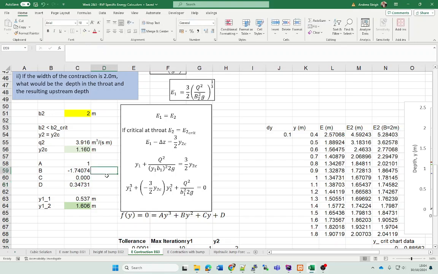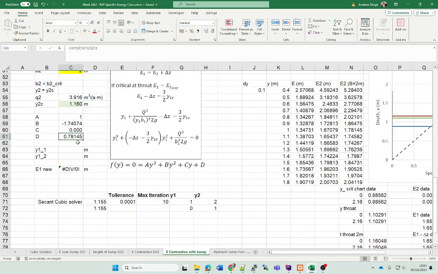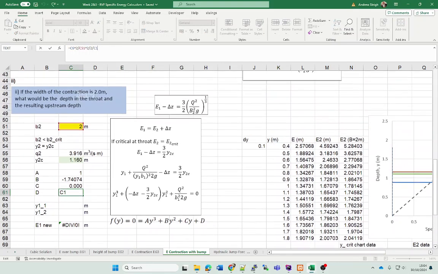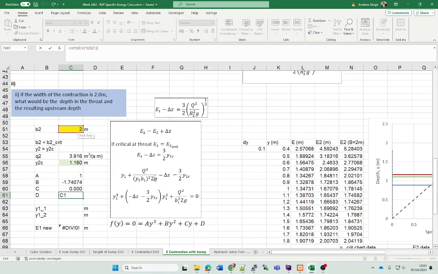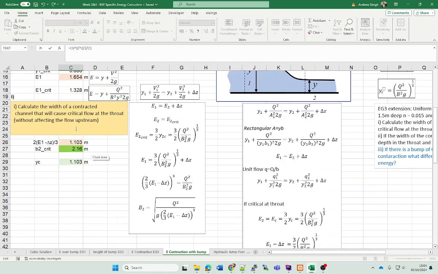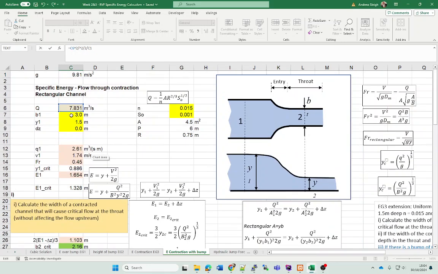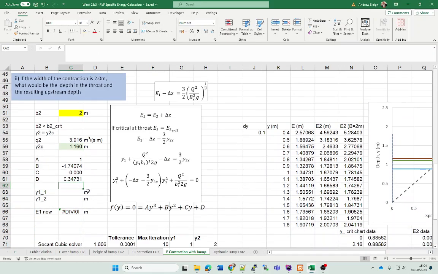Right. Yes, the mistake is not that B, because it's B1 squared. Let's get rid of that. B1 is what we were given originally of 3, B1 squared over 2G.